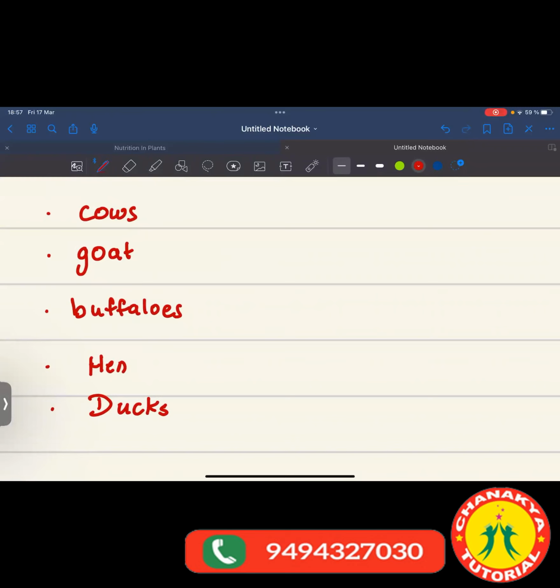Okay. So what do cows eat? Ma'am, the grasses. It depends upon the plants. Okay. Does it eat only grass? Can you give chicken to a cow? No, ma'am. Why not? It is an animal only. Why can't it eat? Because it is only dependent upon the plants. Very good. What about goat?